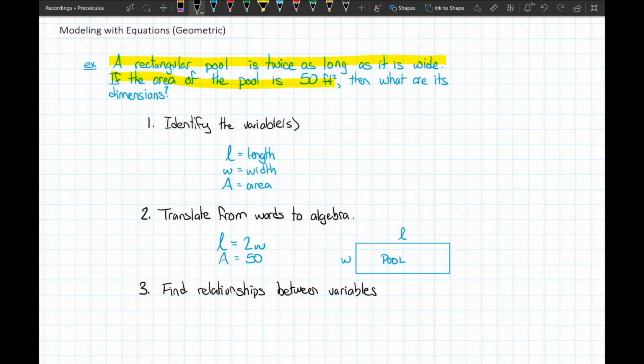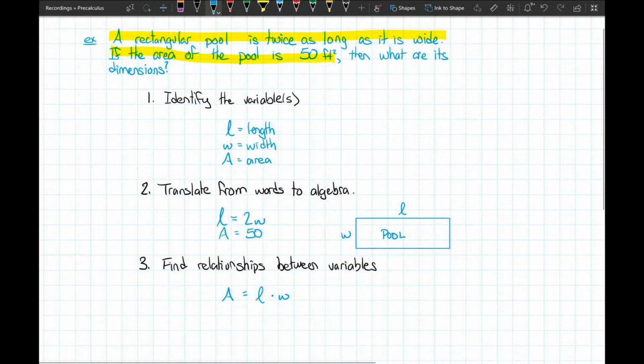So in this case, the model that we would be using to relate area and length and width is that area is equal to length times width in the case of a rectangle. And to be a little less confusing, instead of a times, let's put a little dot. So area is equal to length times W that way.